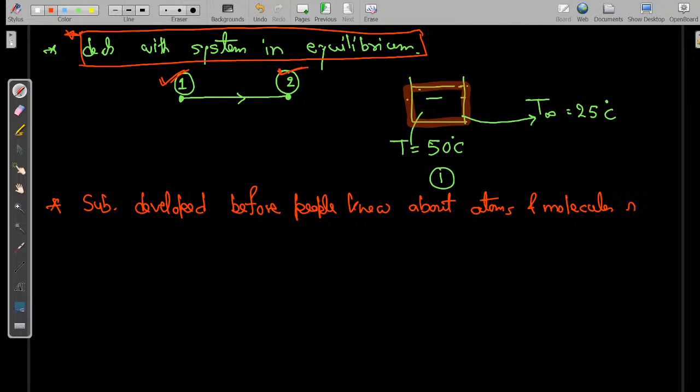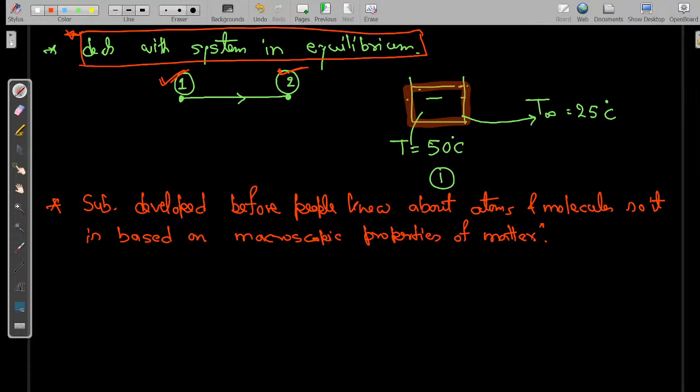So it is based on macroscopic properties of matter. Because the subject originated well before we had knowledge of molecules and atoms, that's the reason it is mainly related to the macroscopic properties of matter.